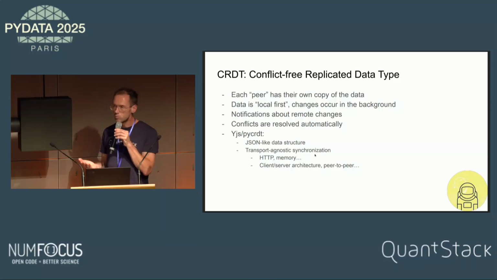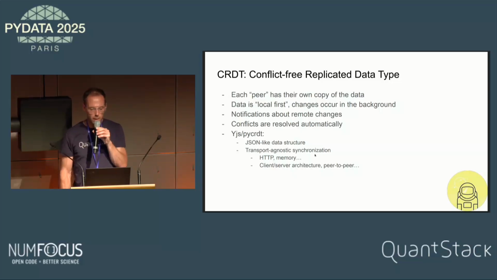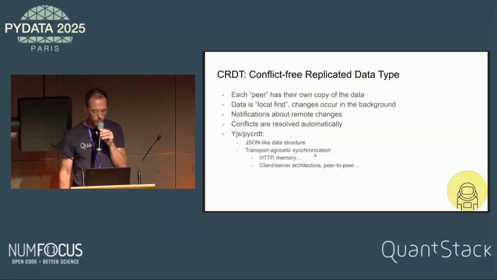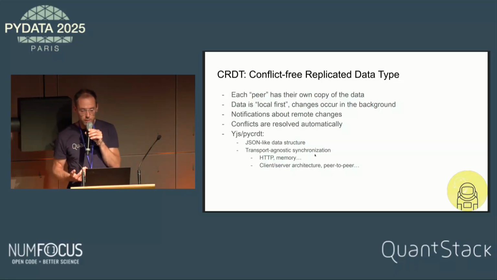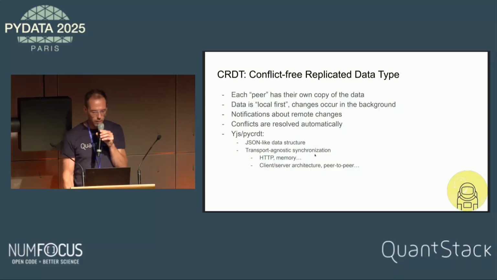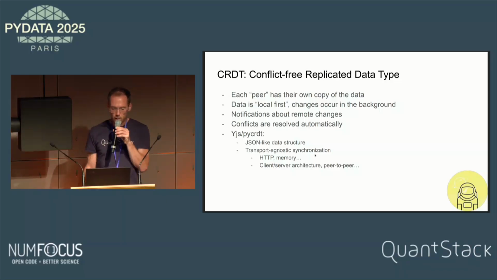So it means you access them as you would access, for example, a Python dict, very fast, almost as if it were local, and changes occur in the background. And you can get notified about changes that can happen remotely by other workers. And the big feature, if not the main feature of CRDTs, is that conflicts are resolved automatically by the inherent algorithm.